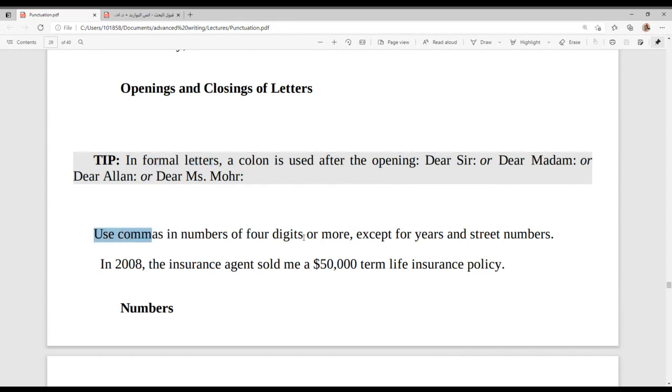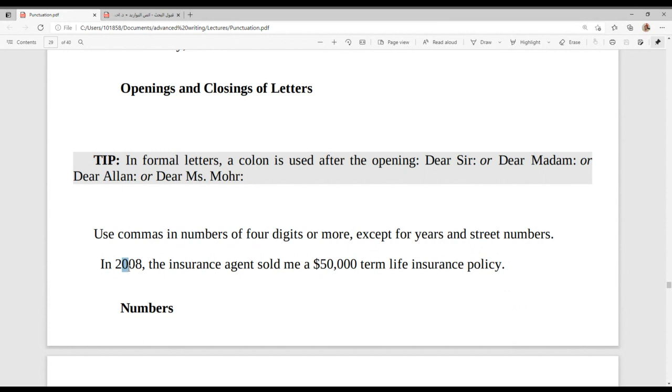Use commas in numbers of 4 digits or more, except for years and street numbers. Look, in 2008, you can't use a comma here.